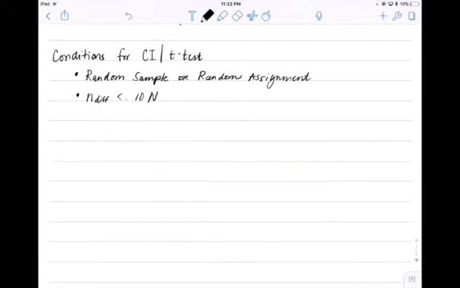For example, the first one is of course a random sample, or you could potentially also have random assignment. The next one is that the sample size for the difference has to be less than 10% of the population size for the difference.